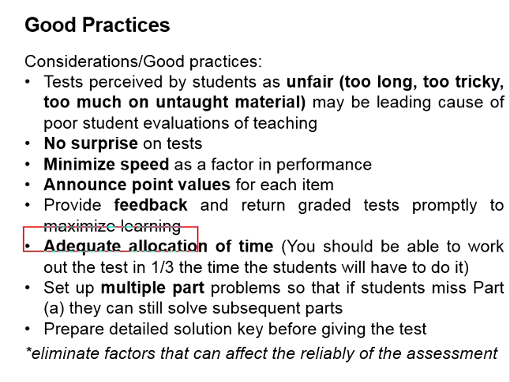Next is about the time allocation. You can use this as a guide: if you are able to accomplish the test within 1/3 of the time, then the duration provided to the students shall be 3 times of this. Let's say now for your final exam question paper, you try it yourself, you can finish it within 1 hour.